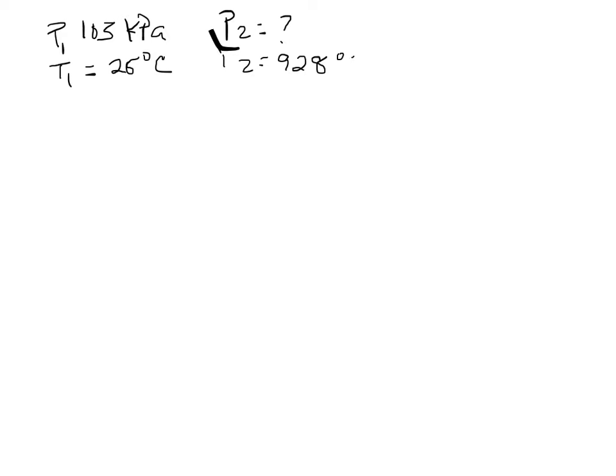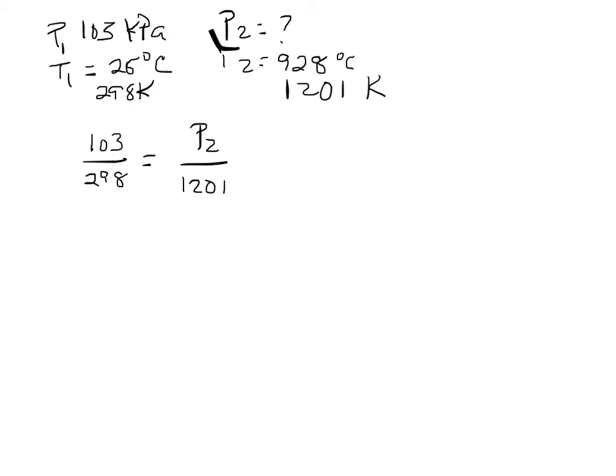So the first thing we need to do is change temperatures to Kelvin. This would become 298 K, and 928 plus 273 is 1201. Then we just plug in: 103 over 298 equals P2 over 1201.